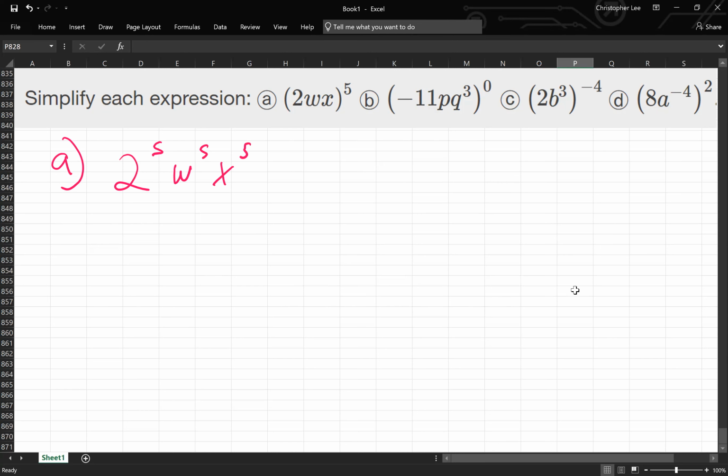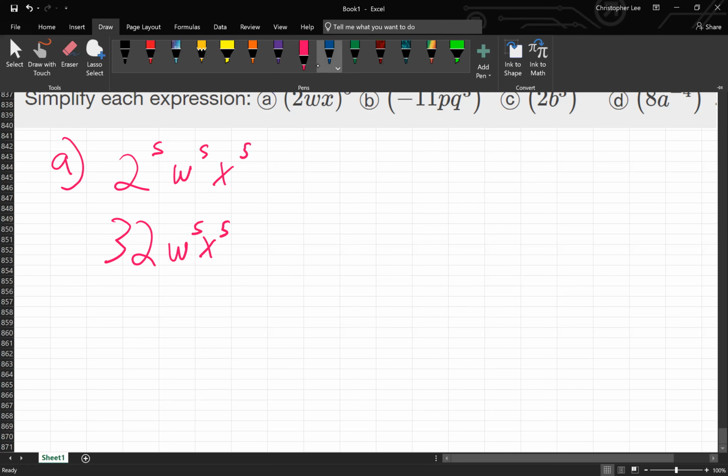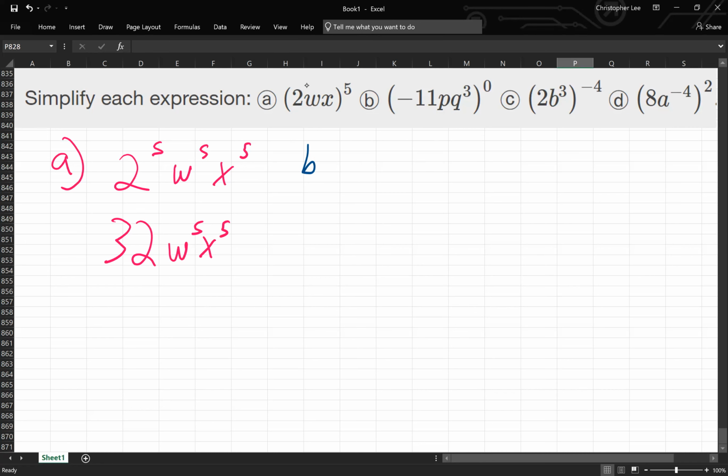What's 2 to the 5th? 32. Okay, so final answer, 32 w to the 5th x to the 5th. Check out B. What's the answer? That's what I'm talking about.